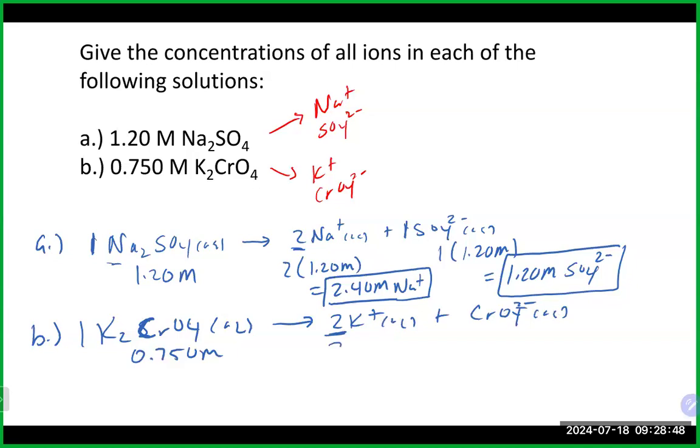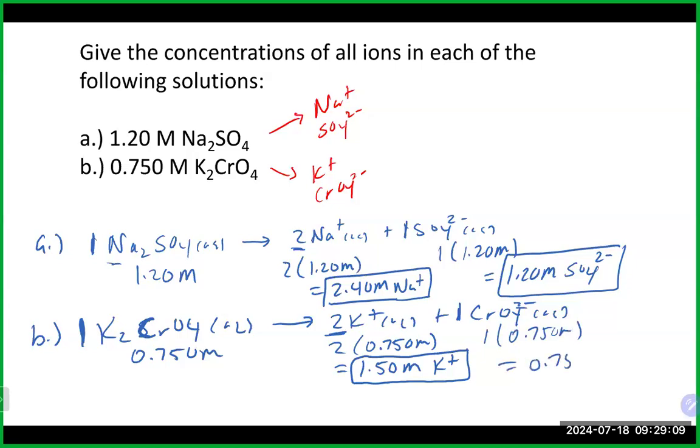So that's 2 times 0.75 molar, which gives us 1.5 molar for the concentration of just the potassium ions floating around. And again, it is a 1 to 1 relationship with the chromate, so 1 times 0.75 molar gives us 0.75 molar for our chromate.